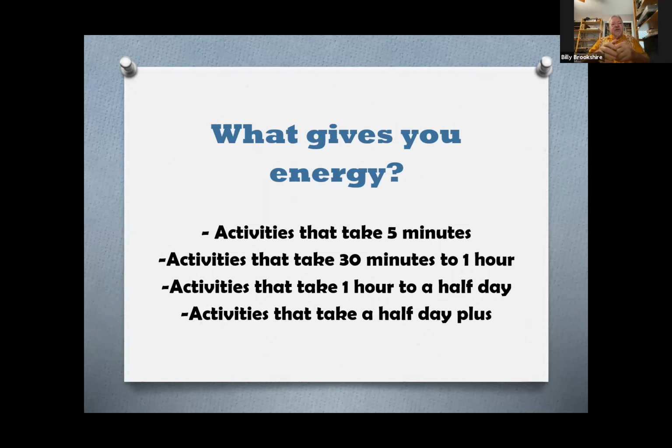The second says 30 minutes to an hour. The third says 1 hour to a half day. And the fourth says a half day plus. So I want you to think about what kinds of activities you can do in those time limits. We're going to start with the quadrant that says 5 minutes. In the chat room, if you wouldn't mind joining me, list some of the things you can do in 5 minutes that give you energy.